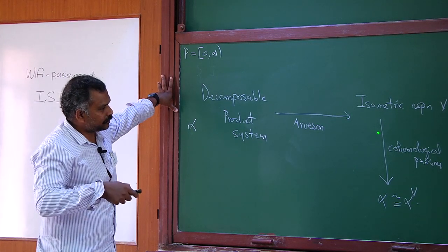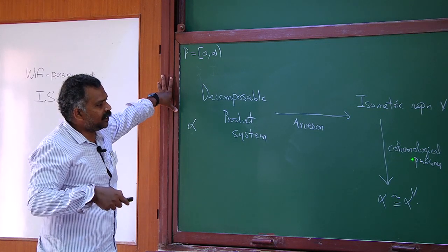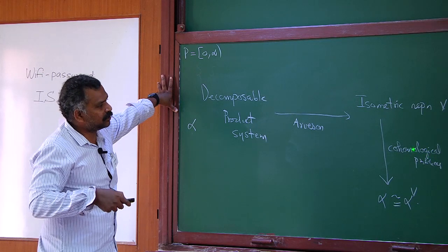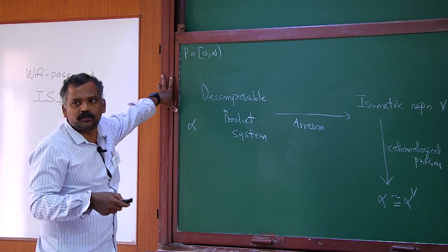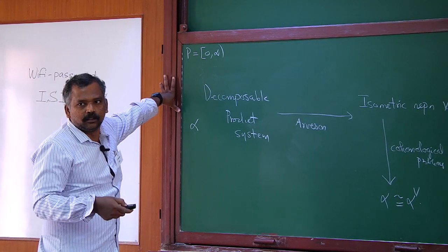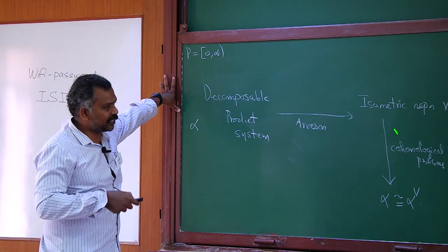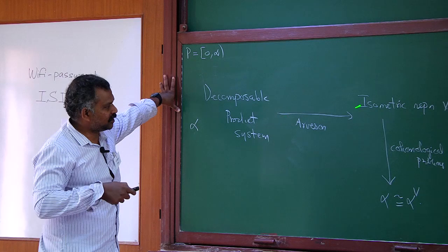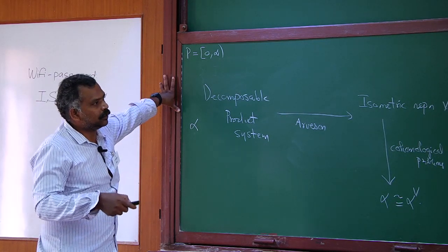Then all these cohomological problems you have to solve arise precisely because we don't know whether a decomposable product system has a unit to start with or not. If it has a unit, then this step does not arise at all, and this step is simply required to conclude that alpha is isomorphic to alpha V.